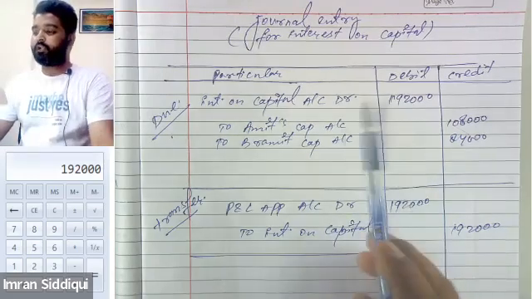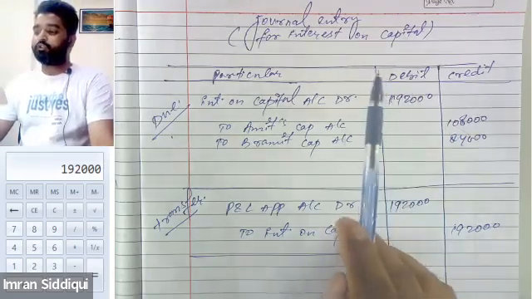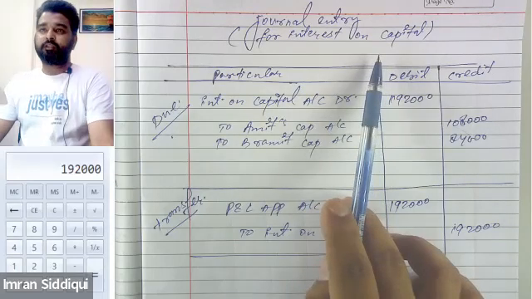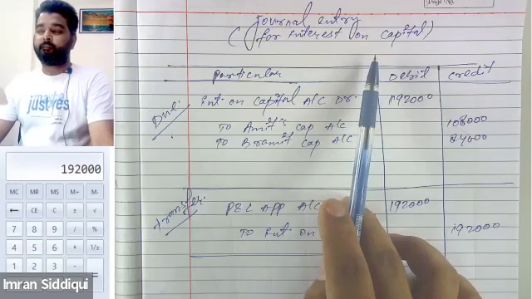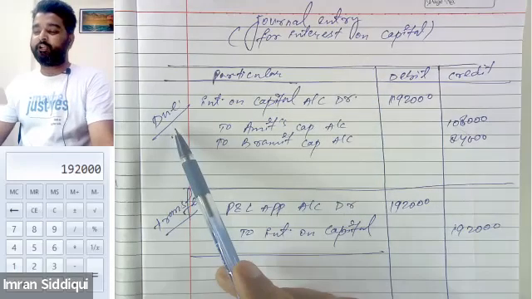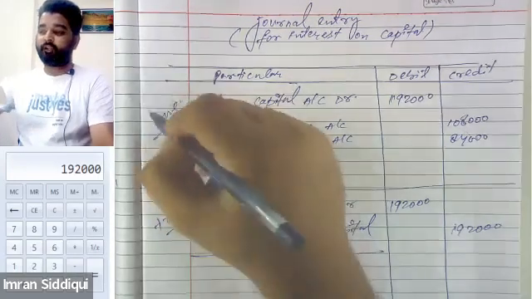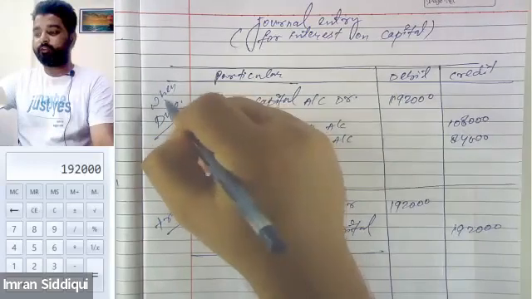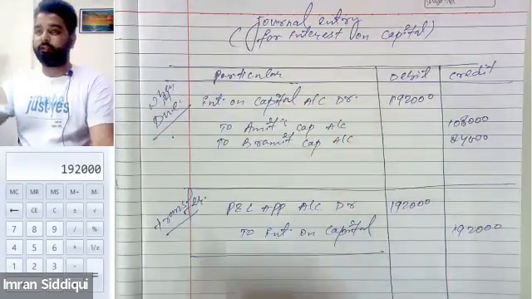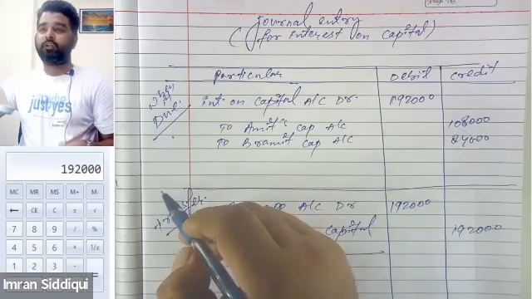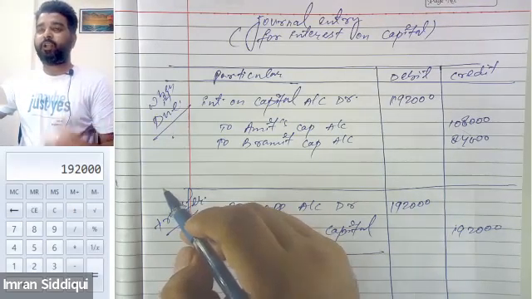Okay. Renosh, when it comes to the general entry of interest on capital, we need to pass the general entry at two different times. When the interest is actually due, at that point of time, we pass the general entry, and then there is one more general entry to be done when the interest actually gets transferred to the P&L appropriation.